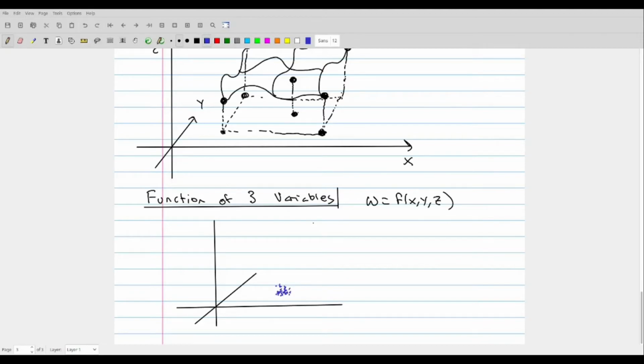Maybe the value of the function is at a lower value, and then it gradually rises, the value of the function gets higher and higher and higher, maybe, as you move away from the point. So if you plot a whole bunch of points, this is sometimes called a density plot of points, and you color in the points corresponding to the value of the function at those points, you get what's called a density plot.